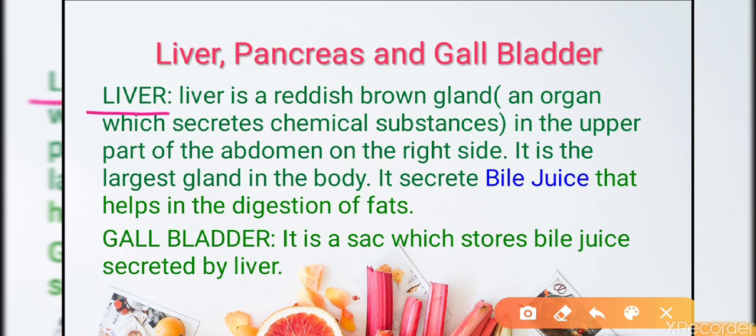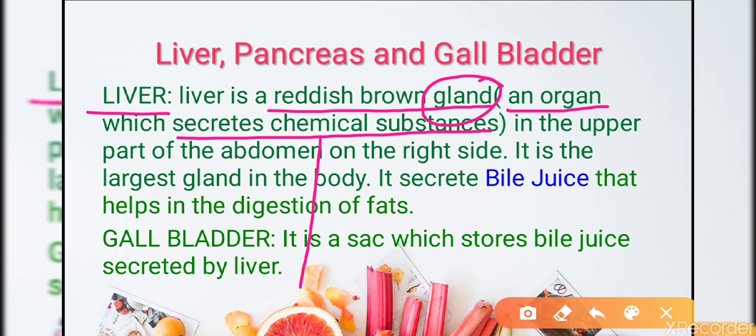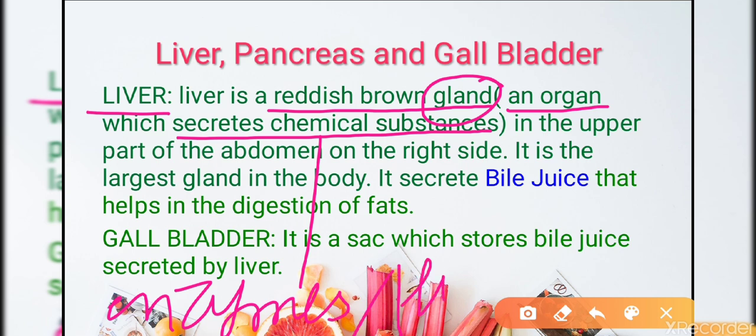First is the liver. Liver is a reddish brown gland. What are glands? A gland is an organ which secretes chemical substances, like enzymes or hormones.